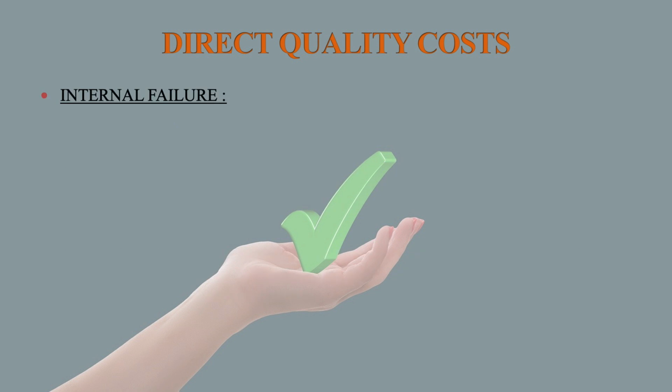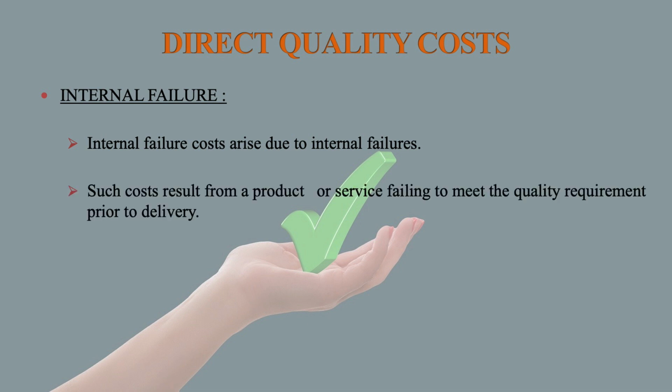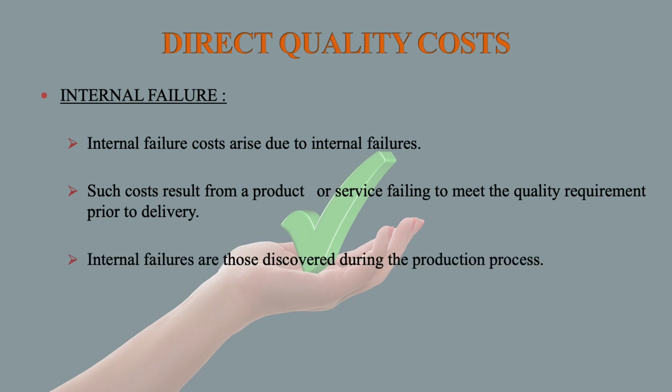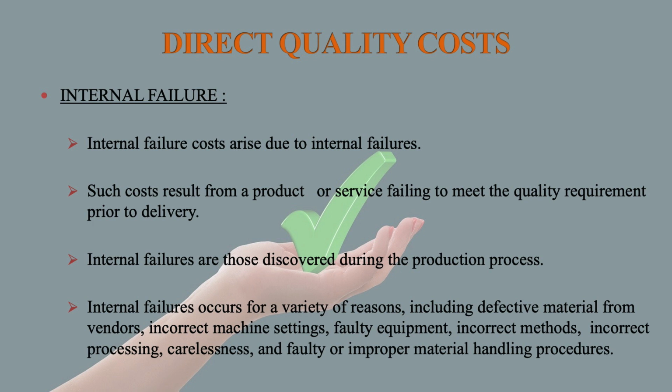Then internal failure costs. Internal failure costs arise from a product or service failing to meet the quality requirement prior to delivery. Internal failures are those discovered during the production process. Internal failure occurs for a variety of reasons, including defective materials from vendors, incorrect machine settings, faulty equipment, incorrect methods, incorrect processing, carelessness, and faulty or improper material handling procedures.